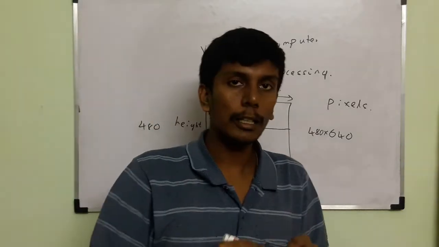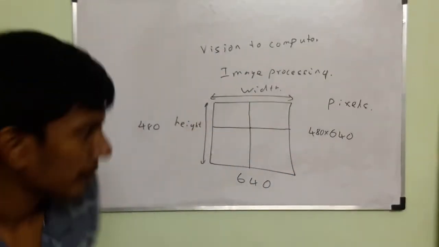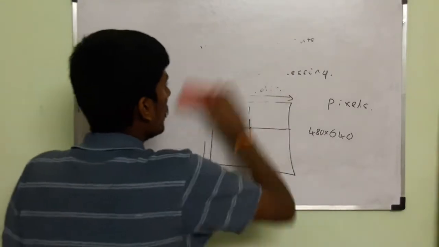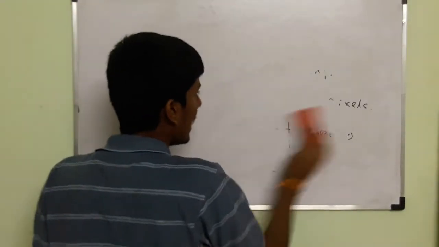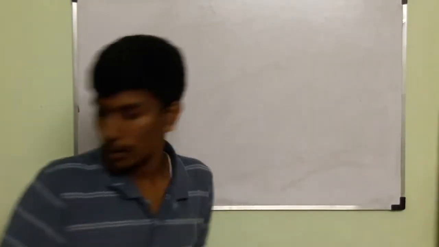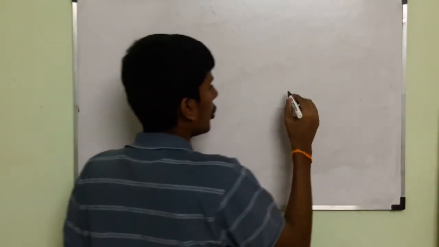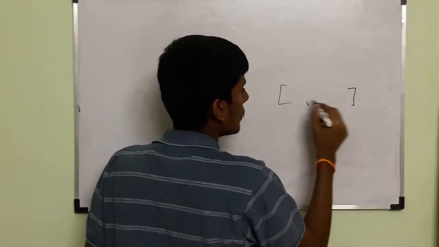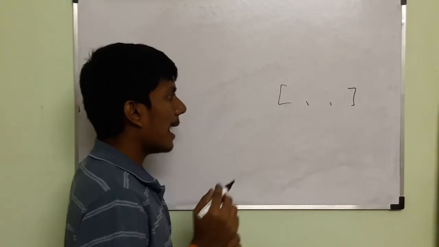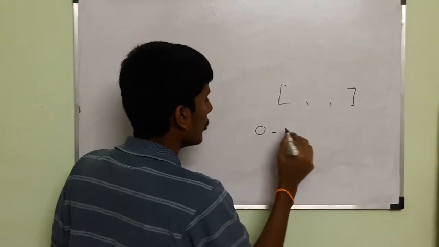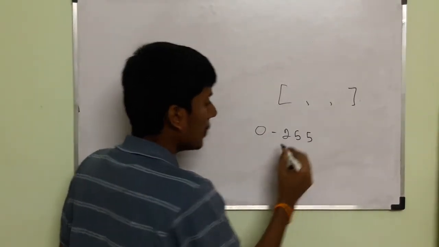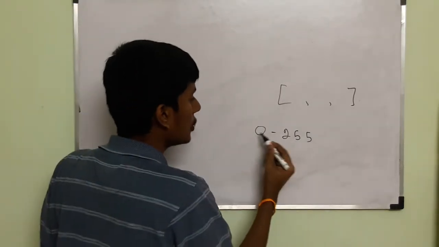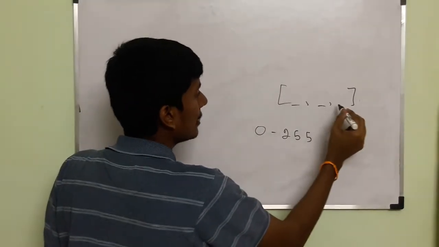Now what is present inside a pixel? Our pixel will hold three 8-bit numbers, and each number will lie in the range of 0 to 255. Basically an 8-bit number holds values from 0 to 255, and we will have 3 such numbers.